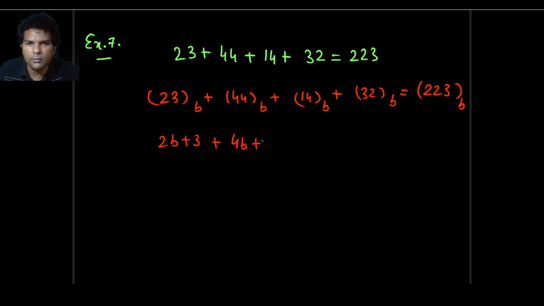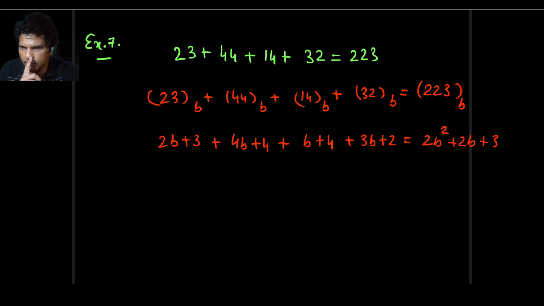So in decimal, that is 2b plus 3, plus 4b plus 4, plus b plus 4, plus 3b plus 2, is equal to 2b square plus 2b plus 3. Clear? Now, after solving this equation, 10 plus 8b is equal to 2b square, or b square minus 4b minus 5 is equal to 0.